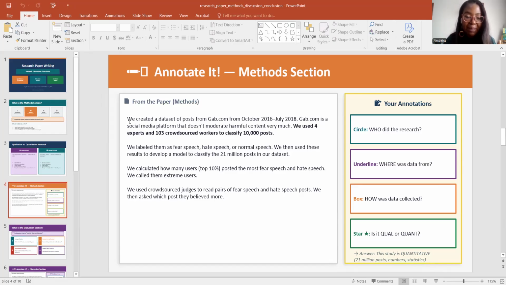Gab is a social media platform that doesn't moderate harmful content very much. We used 4 experts and 103 crowdsourced workers to classify 10,000 posts. Just by looking at the numbers, you used 103 crowdsourced workers to classify 10,000 posts, okay? We labeled them as fear speech, hate speech, or normal speech.